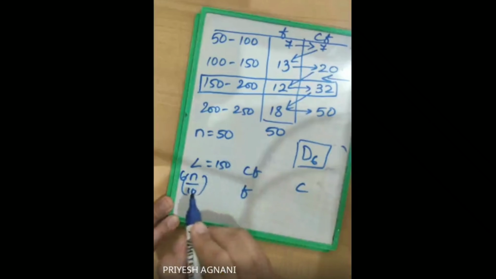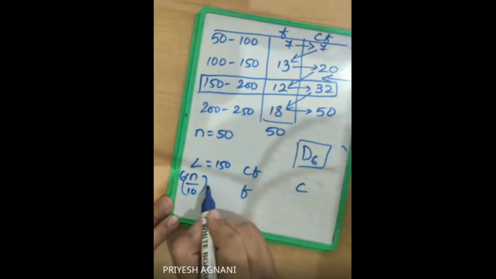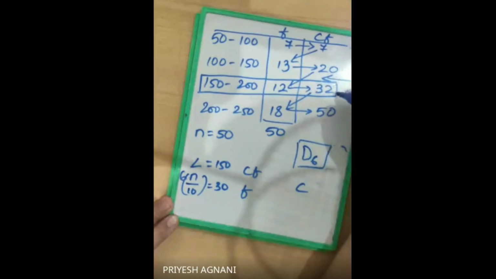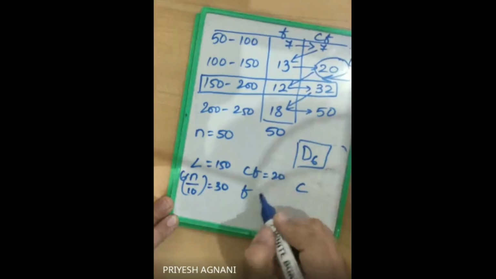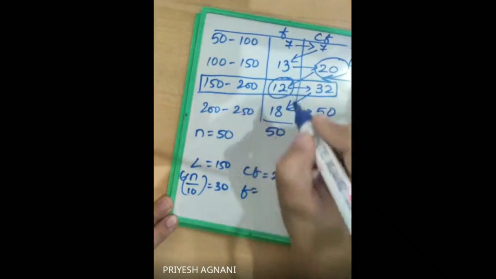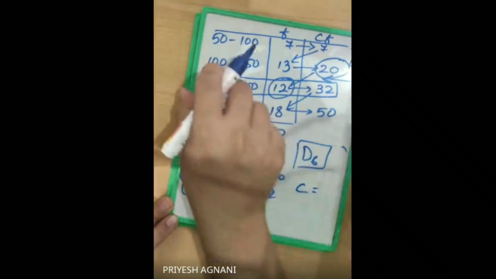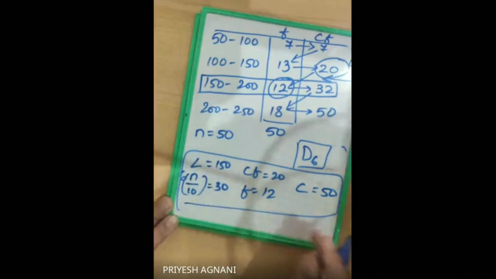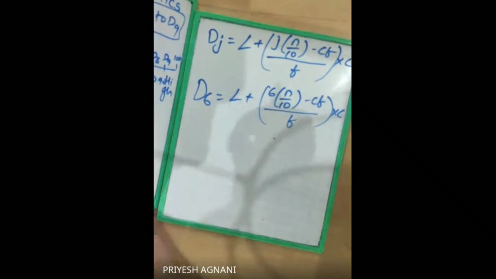What is L over here? 150. What is 6 into n upon 10? 30. What is CF? CF is just above. This is CF, 20. What is F? 12. And what is class length? 50. We got all the 5 things and now you have to find the decile.